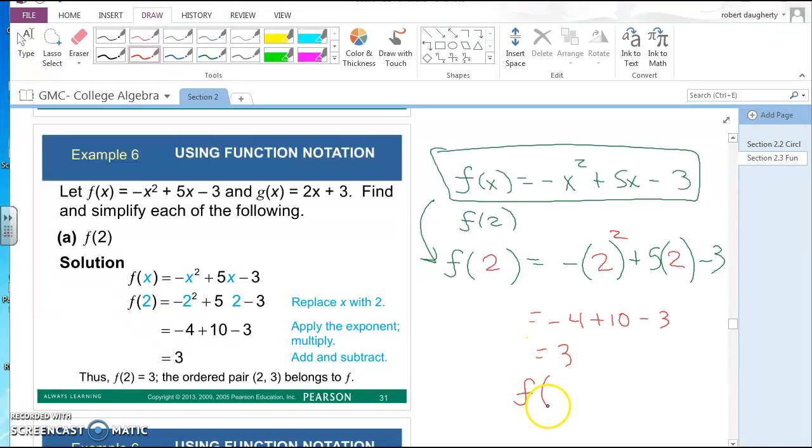So f of 2 equals 3, okay? And so what that tells me, this is my x value, that's my y value. So I know that the point (2, 3) is on the graph of that function, okay? So (2, 3) is an xy coordinate for this function f.